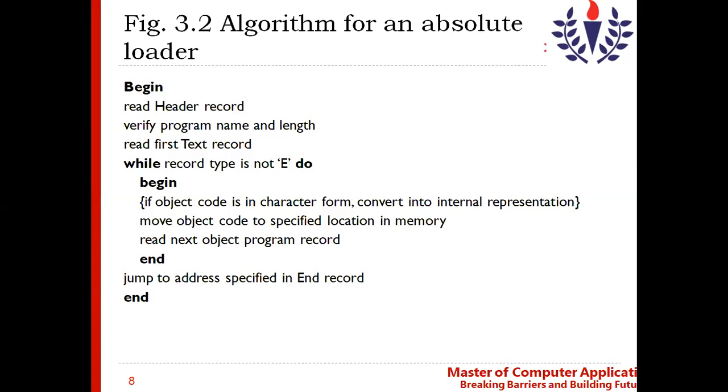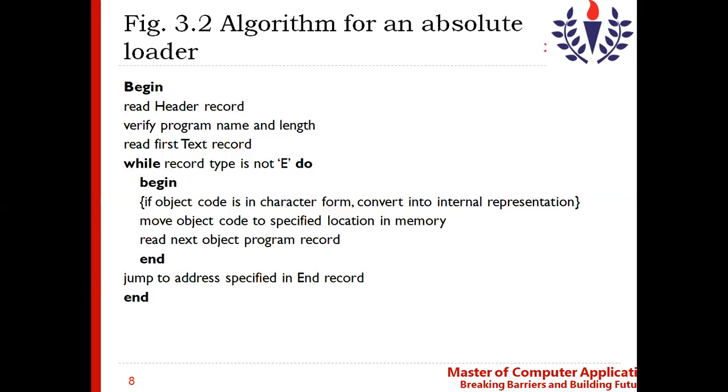As I have already told you, the object program, which is derived from the assembler. From the assembler, the next step goes to linker and loader, wherein the object program would be the input for the loader. The object program contains header, text record and end record. Sometimes it has the modification record if it is required.